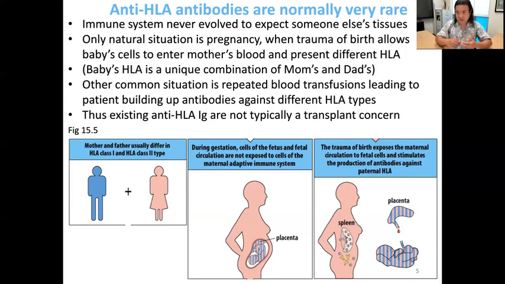That only becomes a problem if this is a patient who needs repeated transfusions and gets repeatedly transfused with blood that has similar HLA types, and over time they might develop some sort of immune memory against it. Therefore, the presence of existing anti-HLA antibodies in your body is typically not a concern when it comes to tissue transplantation.